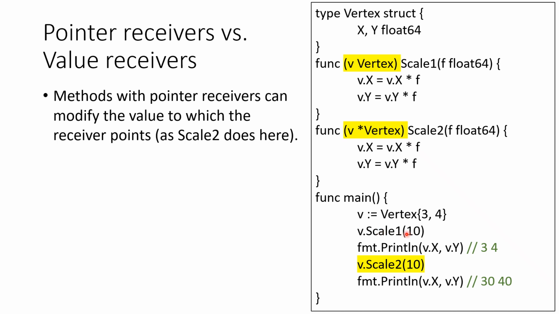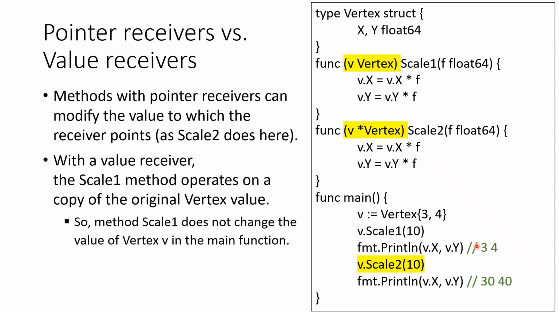This call will multiply v.x and v.y by 10, but when we display the values of v.x and v.y after the method call, the values are the same as before the call. They are 3 and 4 instead of 30 and 40.